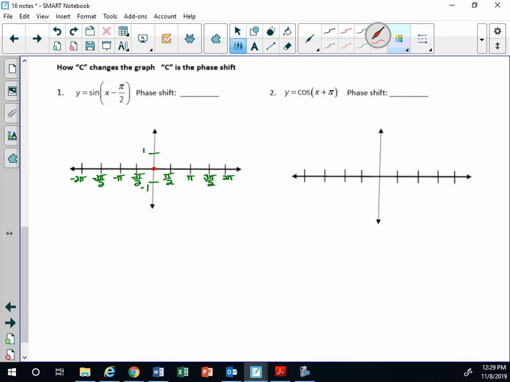So I will always do the parent graph in red. So look at those red dots and let's see if those make sense to you.